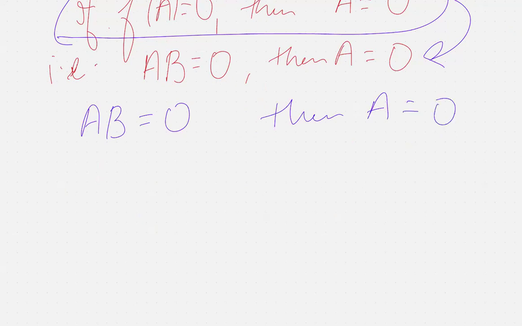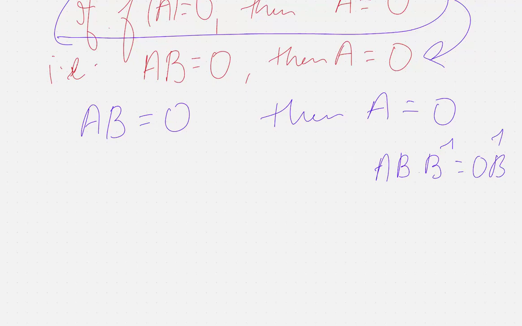Why? Because AB equal to 0 gives A equal to 0 by multiplying A B B inverse, O B inverse.